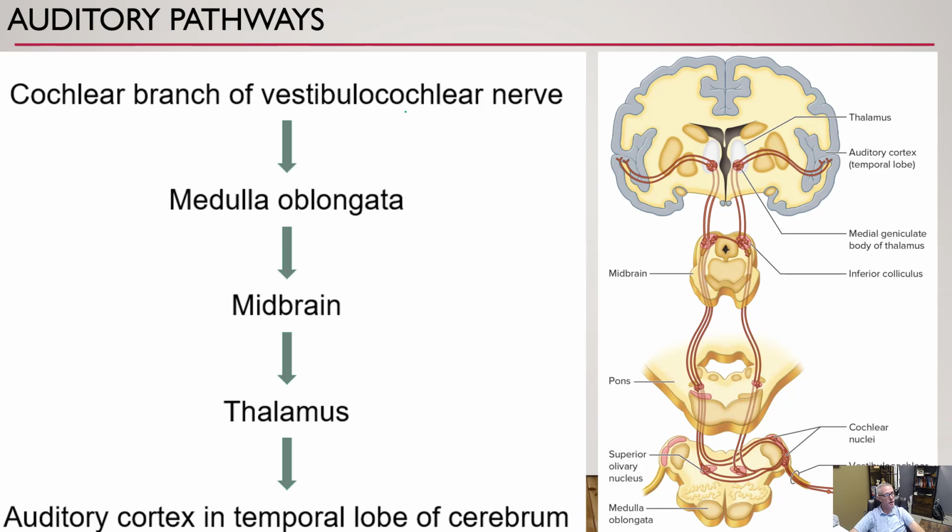So remember, we have that vestibulocochlear nerve, cranial nerve number 8. From there, it's going to go to the medulla oblongata, then the midbrain, then the thalamus, then to the auditory cortex of that temporal lobe. Your ears are right next to your temporal lobe.